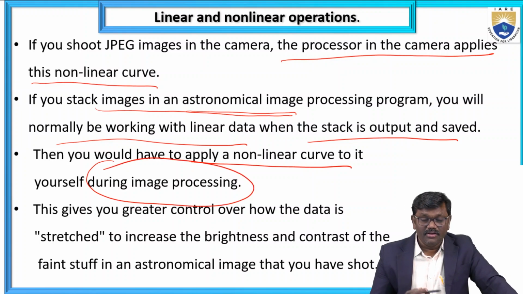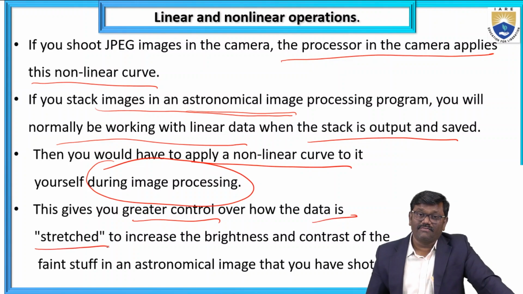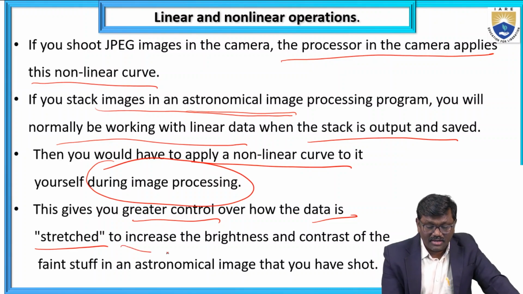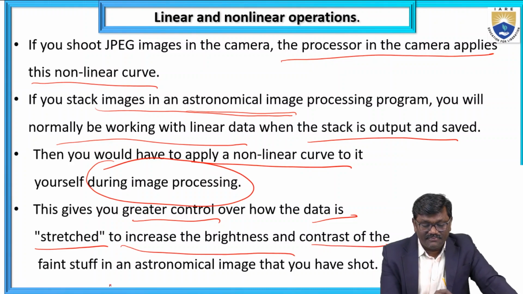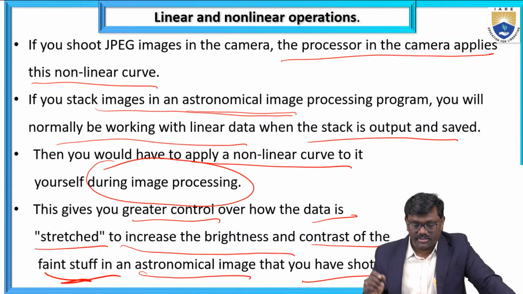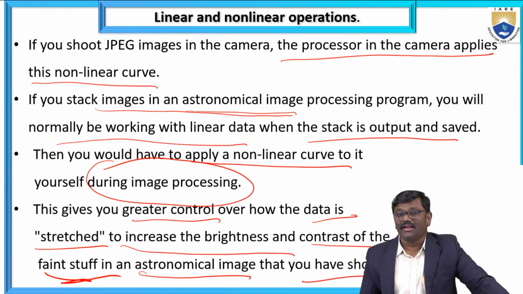Digital image processing knowledge will help us gain greater control over the data, whether it is linearly stretched or non-linearly stretched. The data is stretched to increase the brightness and contrast of the faint stuff in an astronomical image that you have shot. That is very important here. You are converting a non-linear image into a linear image, that means into your required format.